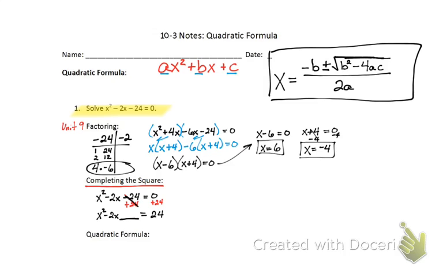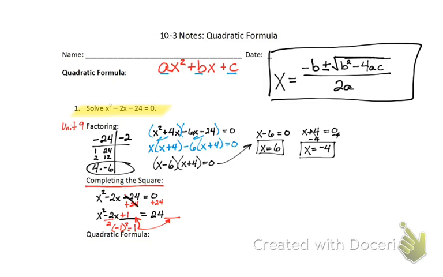I then have to figure out what goes in that blank, and the process for figuring out what went in the blank was to divide this b term by 2. Negative 2 divided by 2 is negative 1, and then squaring negative 1 gives me positive 1. So positive 1 not only went right here, but also got added to the other side.